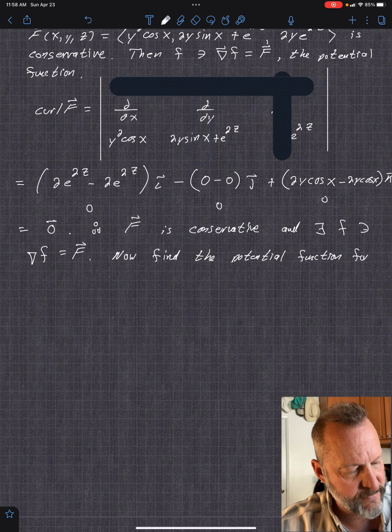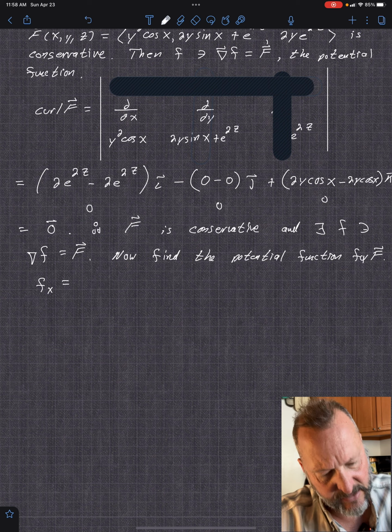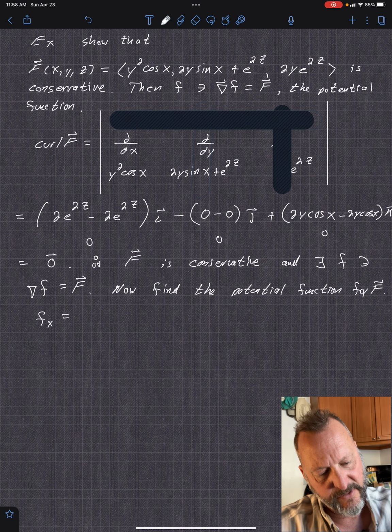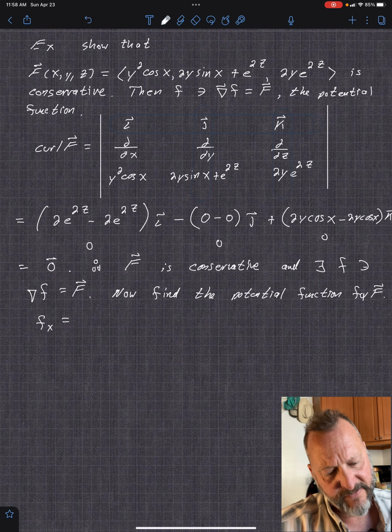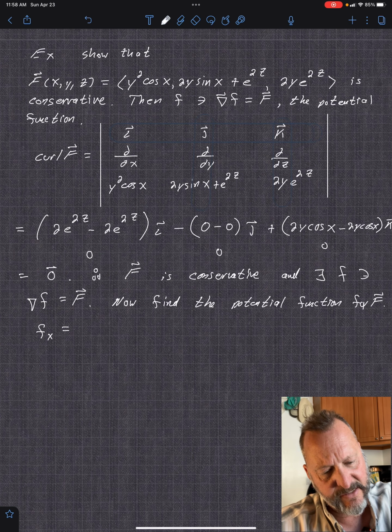So what we have then is the partials. Partial fx is this first one, partial fy is this one, partial fz is this one. So you write those out. Partial fx is y squared cosine x.